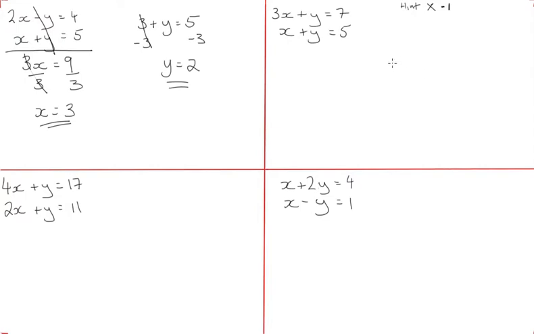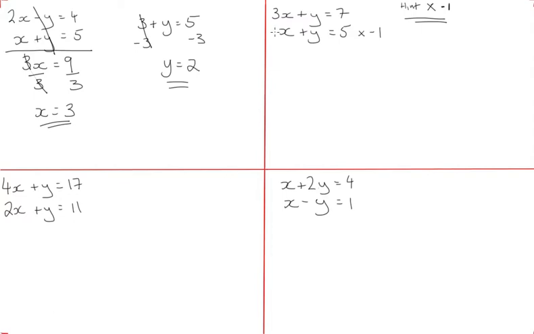Now, if we look at this one over here, I left you a hint. This first sum was easy because we had a minus y and a plus y and they cancelled each other straight away. Over here, we don't have something that'll cancel immediately. We have to change it slightly. So let's multiply the bottom equation by minus 1.